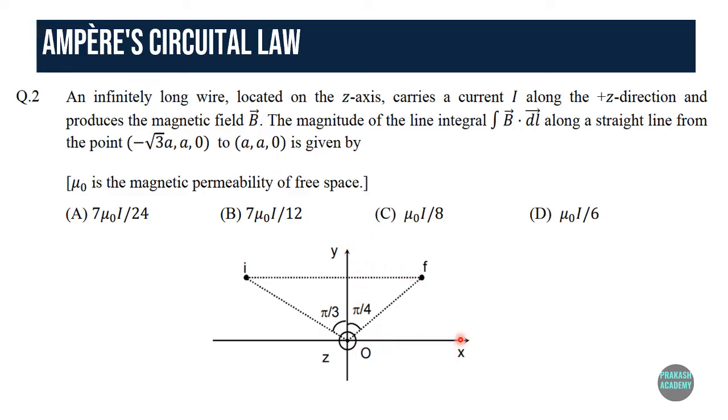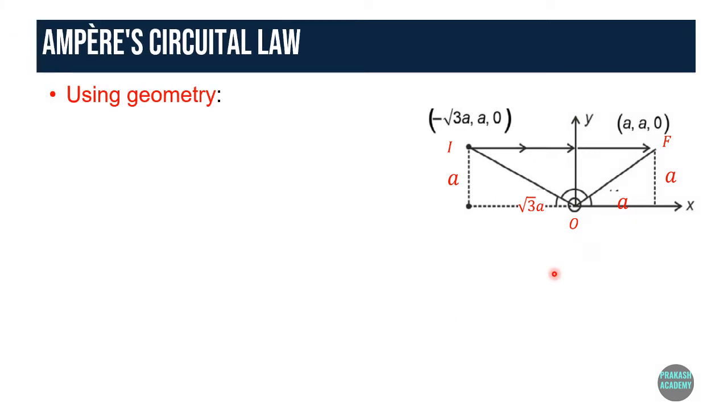So, it should lie in this quadrant. So, this point is somewhere here. So, we have to find this integral of B dot dl along this path, that is from i to f, and the constant mu naught is given. We have been given 4 options and then we have to find which option is correct. So, let us try to solve this problem.